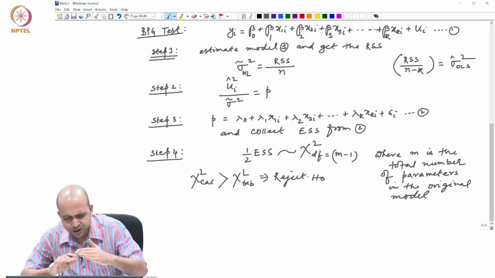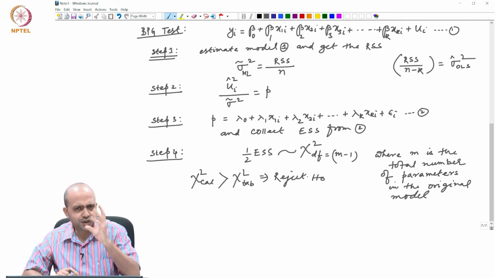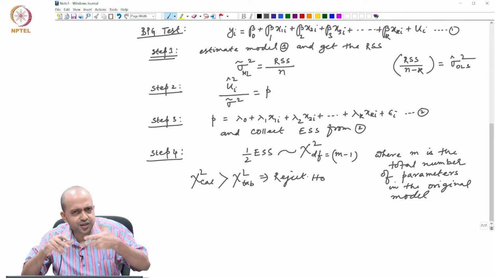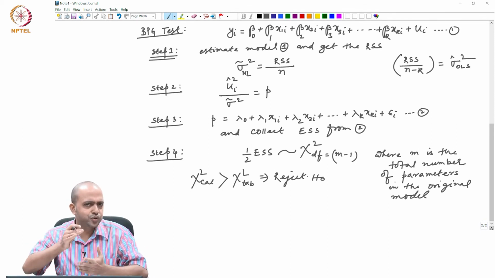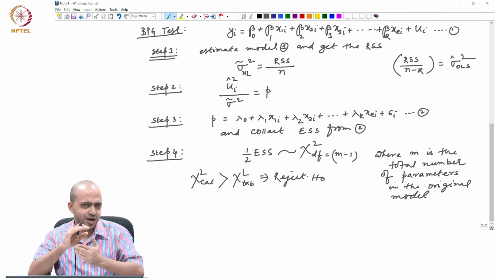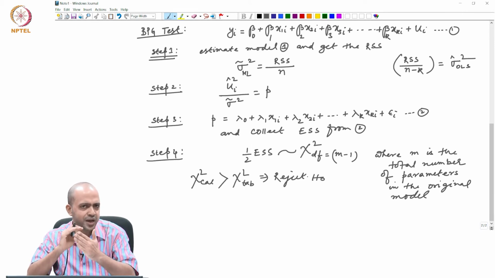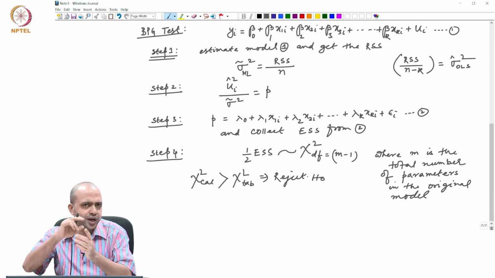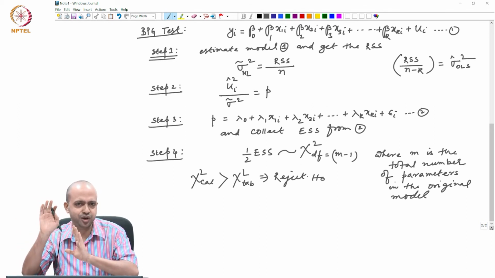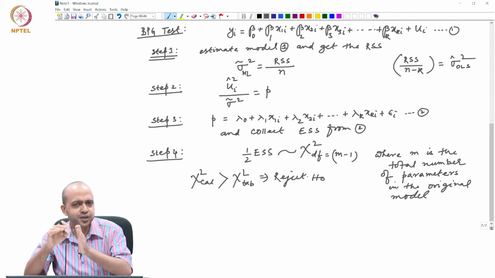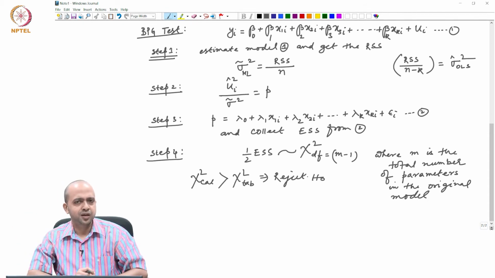Okay. So, if you think about the logic or philosophy of all these tests, things become very clear. The Goldfeld-Quandt test was also based on two RSS, RSS2 by RSS1. Why? Because we assumed that sigma square I equals some sigma square multiplied by xi square, so sigma square I is an increasing function of x.